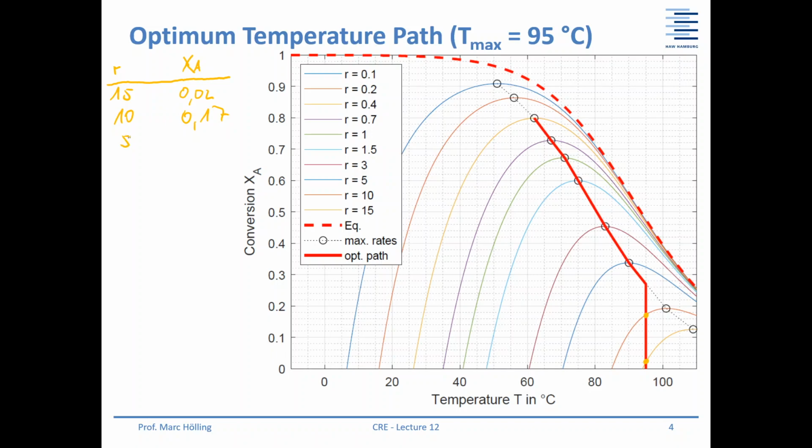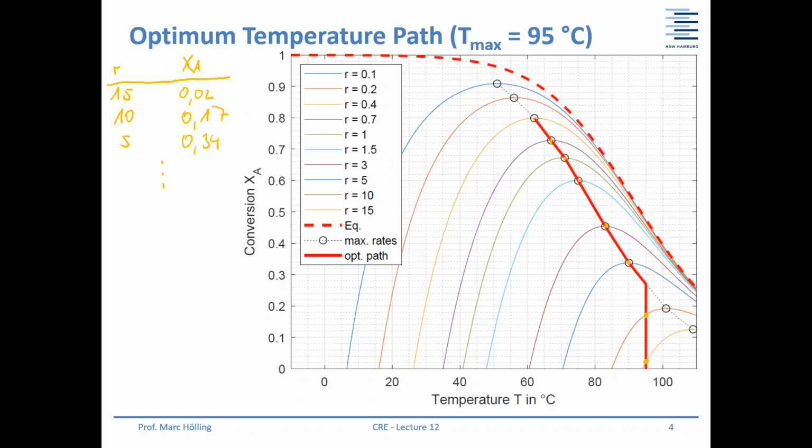This is 5. And here you can see this is rather close to 34. What did I write down? Yes, 34. And so on.